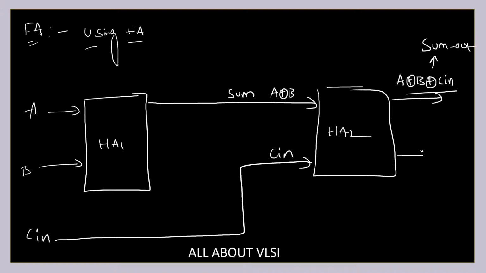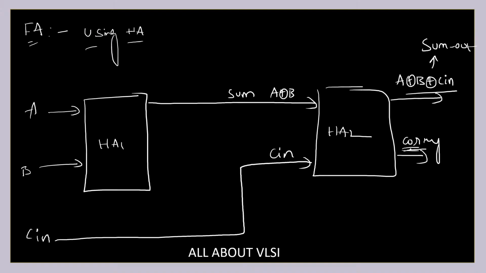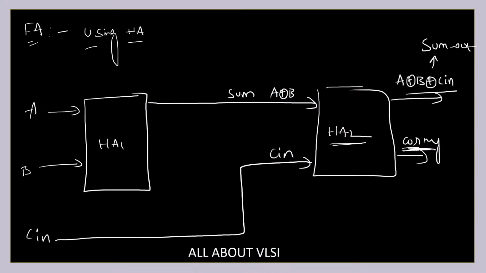Now, how to get my carry? If you carefully observe the equation of your full adder, carry is AB plus C into A XOR B. Now, here, what is this carry? Can anyone tell me what is the carry of your half adder 2?